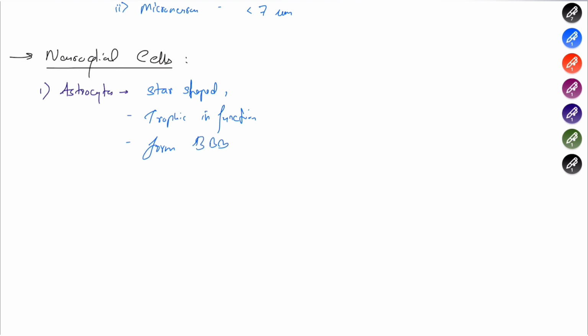There are 2 types. Protoplasmic are large in number, and the fibrous.